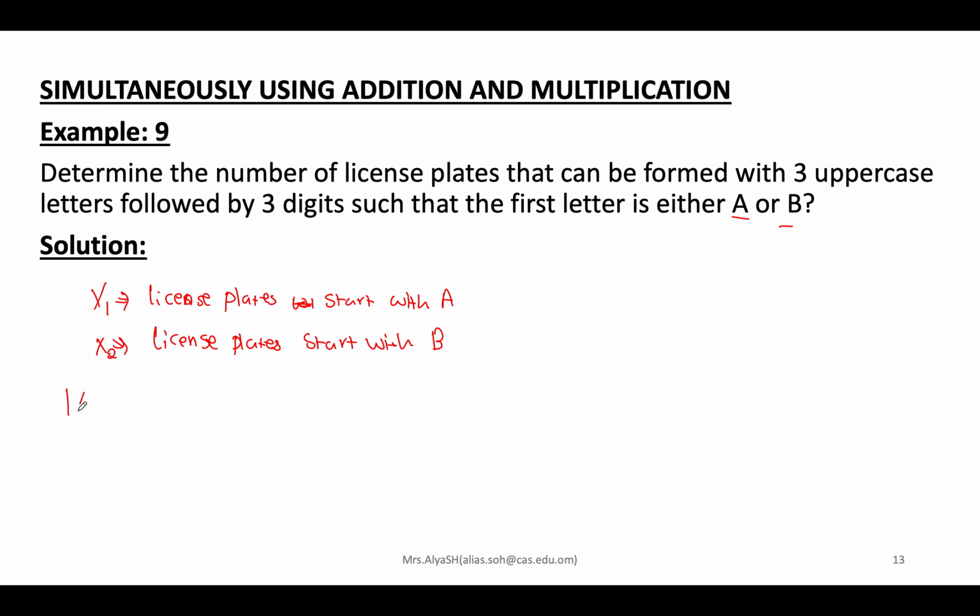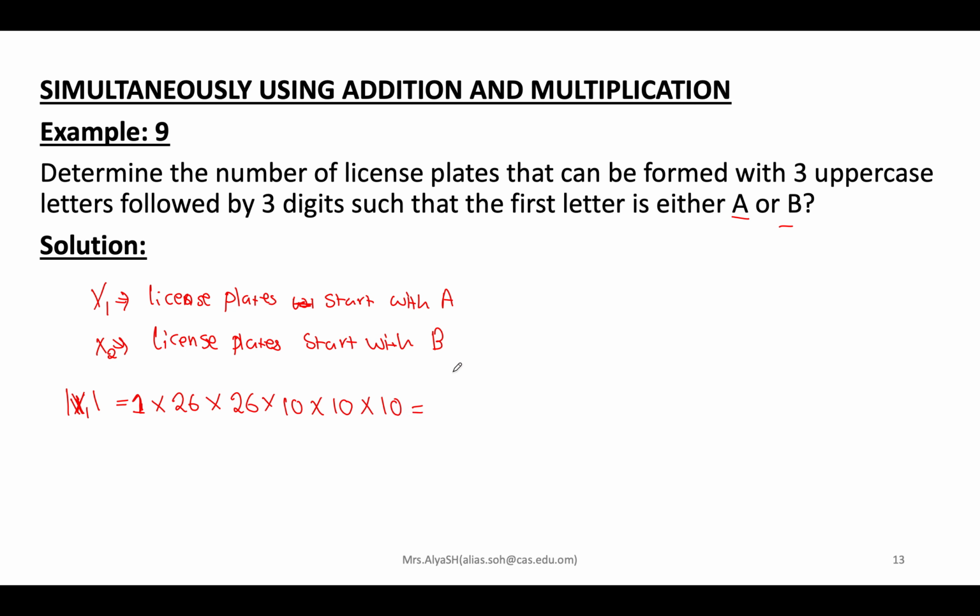So the number of elements in X1, which is the license plates that start with A, is first of all one letter, which is A, multiplied by any letter from the 26 letters, then any letter from the 26 letters. Then we have 10 digits, 10 digits and 10 digits.